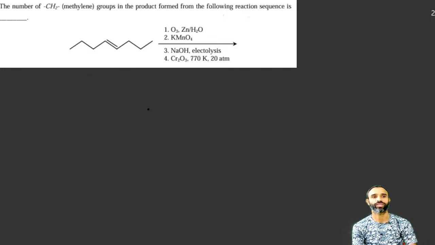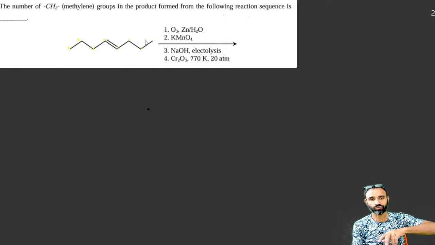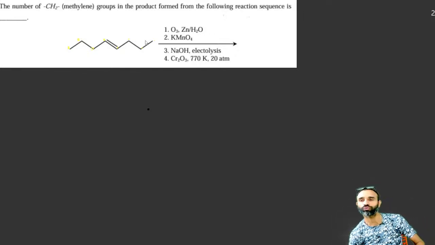sequence. First, we have a compound that is 1, 2, 3, 4, 5, 6, 7, 8. Okay, so it is oct-4-yne... so we have oct-4-ene.